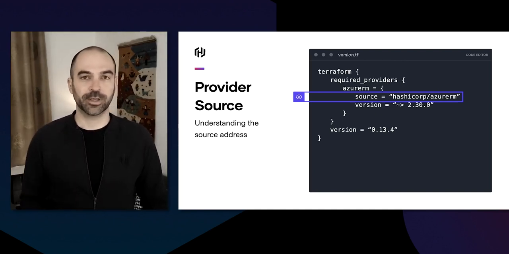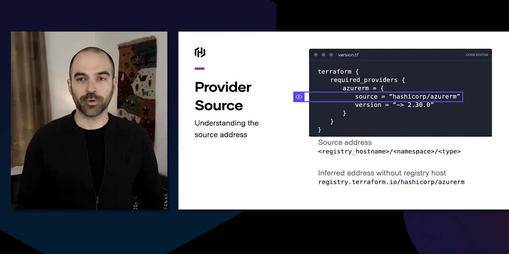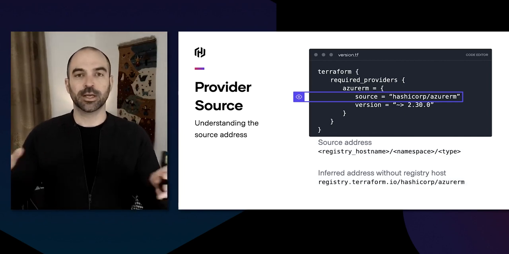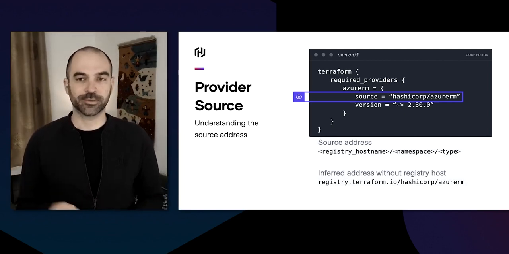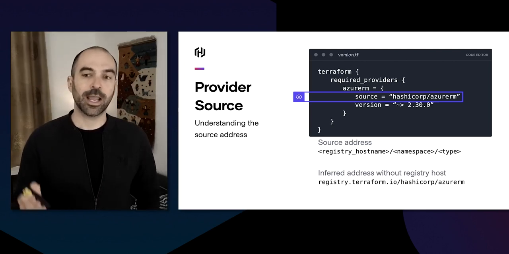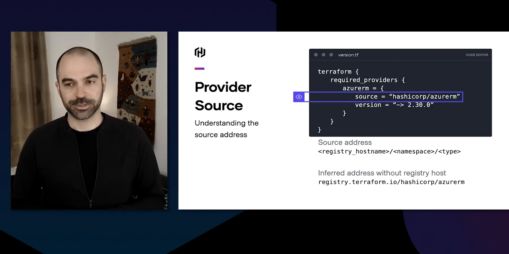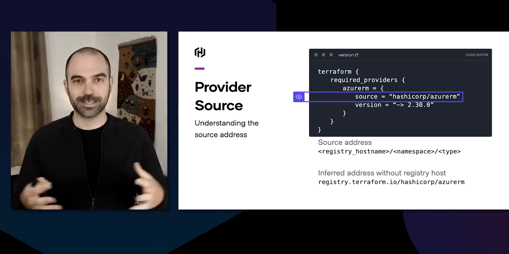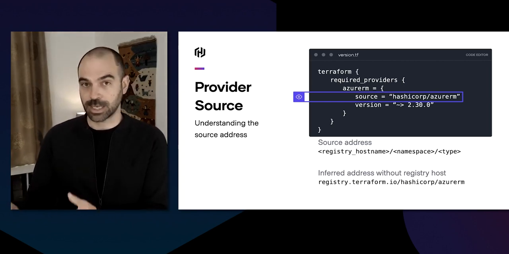So this source attribute in the required providers block contains 3 main components, and understanding those components is kind of like unlocking the way this works in a number of facets within Terraform. And so those 3 components are a registry hostname, so for example, the Terraform registry, a namespace, so the owner or maintainer who is responsible for a given provider, and then the provider type.